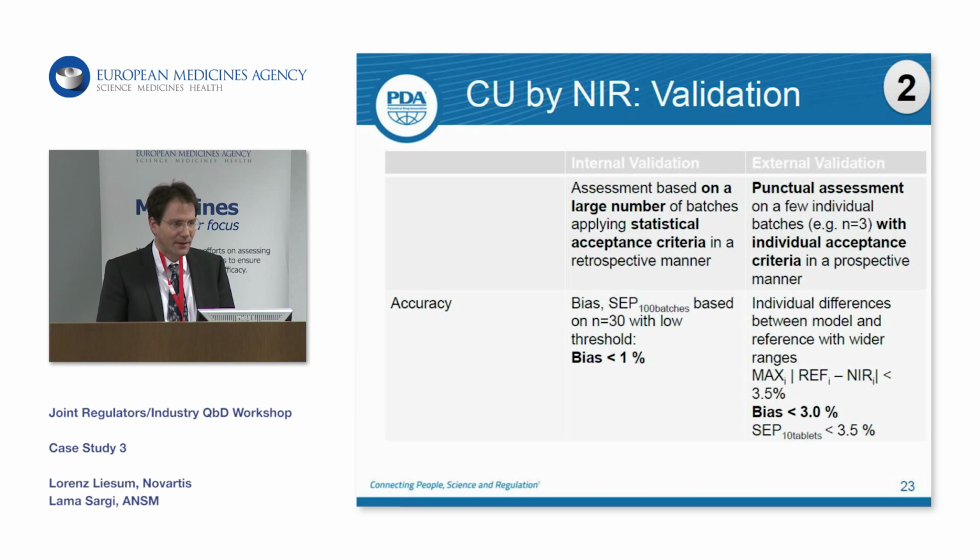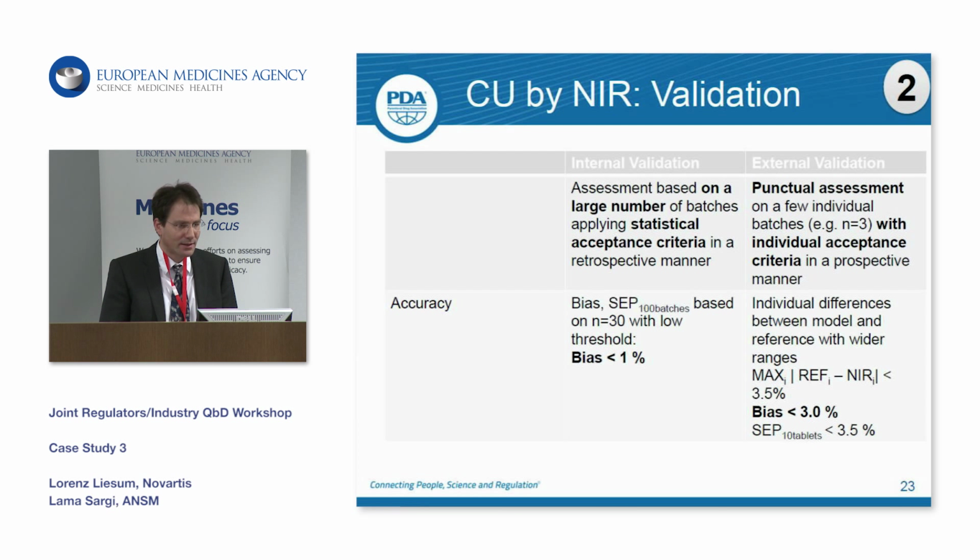Then when it comes to the validation and having a specific look at the validation criteria, we distinguish between internal validation and external validation. For the internal validation, we apply statistical acceptance criteria because we have quite a large body of data. So here we are investigating a population of different batches and looking at the average performance.